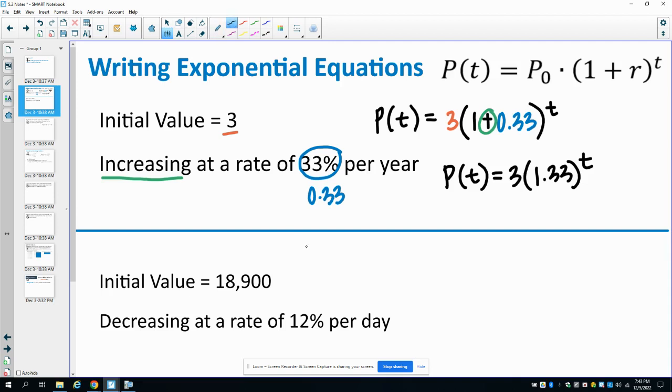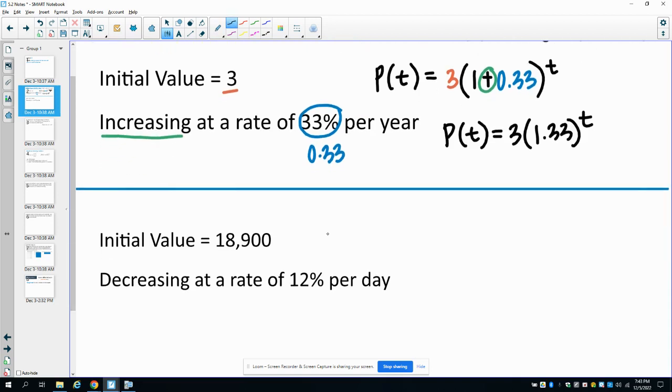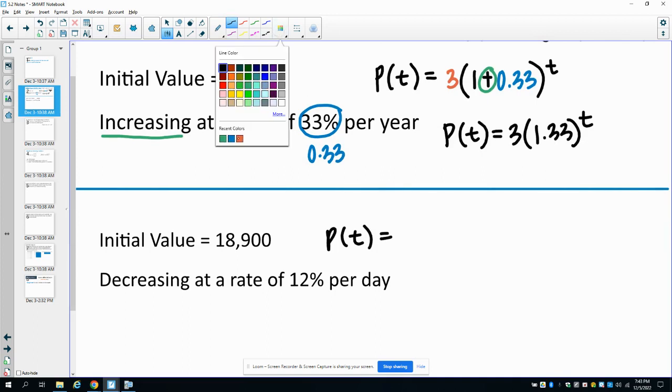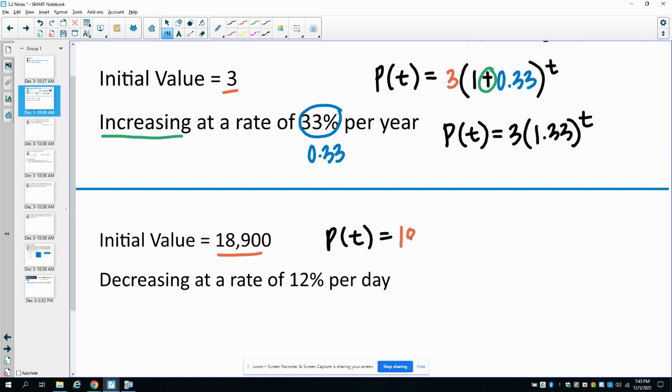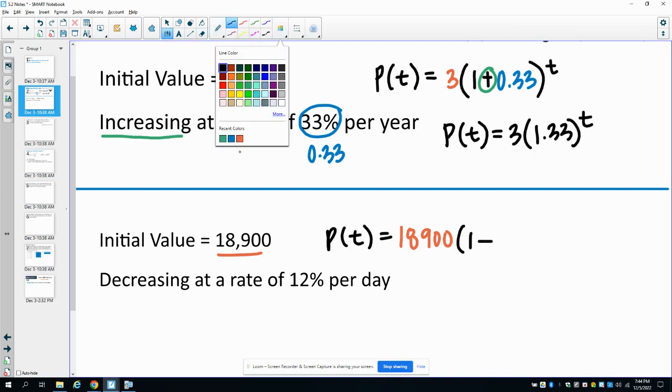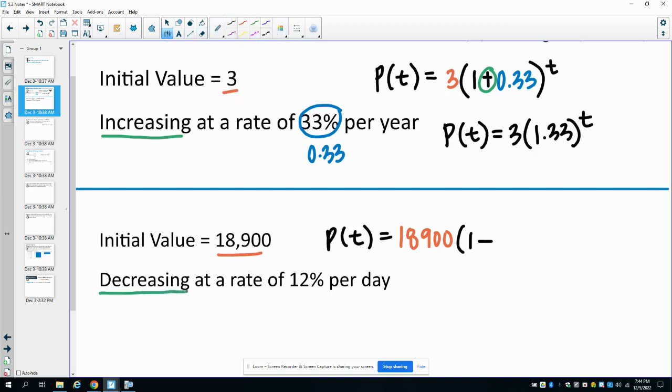For this next one, we'll do P of t equals the initial value, which in this case is 18,900. We'll multiply that times 1 plus our rate. Actually, in this case, we'll be doing 1 minus our rate since our rate is decreasing this time.